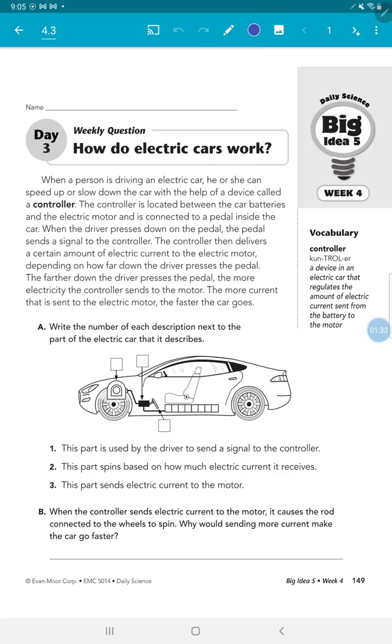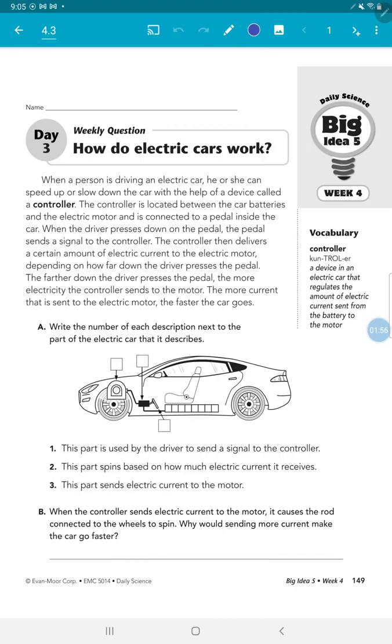So thinking about a controller, we said that's what controls or makes happen what you want to happen. So think about that as I read this aloud to you. When a person is driving an electric car, he or she can speed up or slow down the car with the help of a device called a controller.